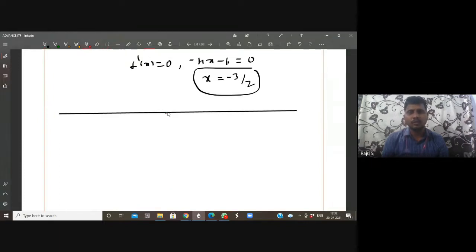What about the right side: is f of x increasing or decreasing? What about the left side? Increasing or decreasing? Here f of x is increasing.